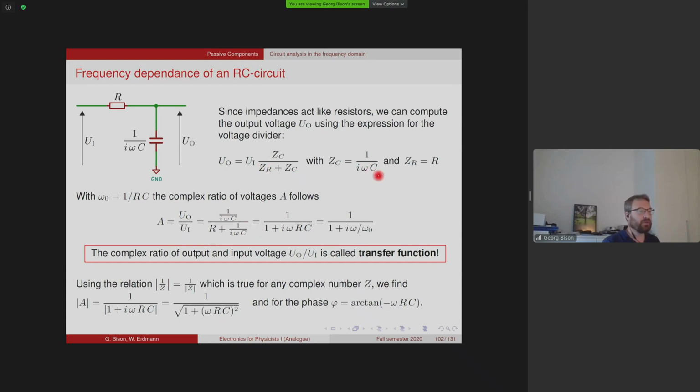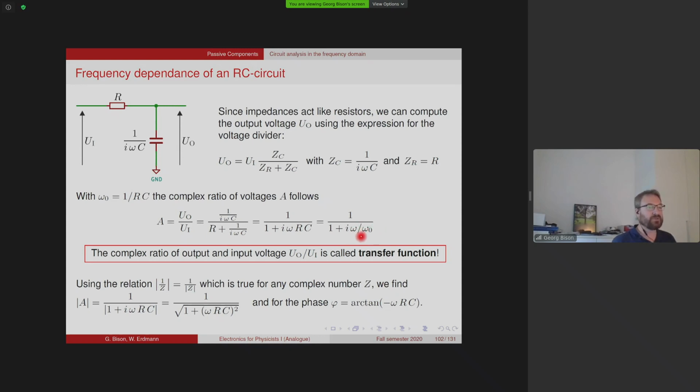In the fraction, we can replace those values, and then we can write it a bit nicer. And then you see that the transfer function is given by a really simple, nice expression. Now, this would be a lot of work to get if we would solve the differential equation and try to arrive at this result.